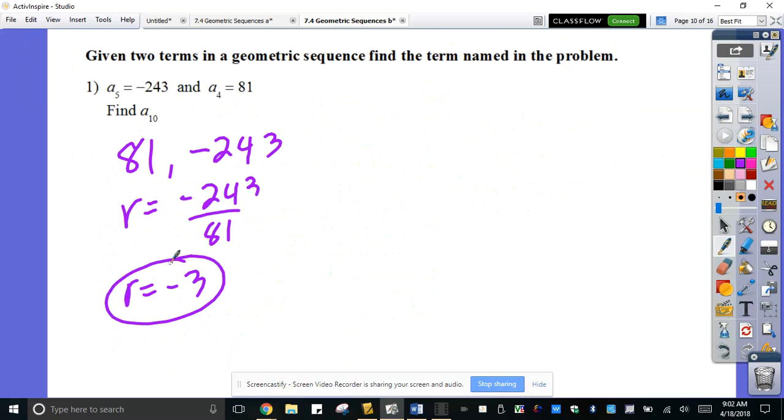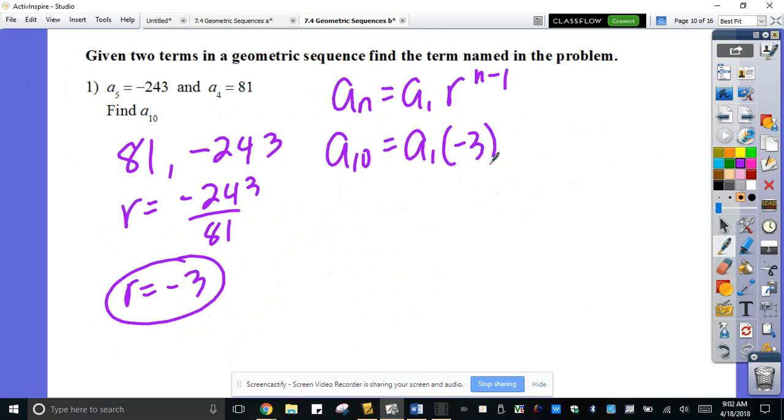Since the formula that we know is a sub 1 r to the n minus 1, we're looking for a sub 10. A1, I don't know what A1 is. You don't know A1 yet, but I know r, which is negative 3. I know n is 10, so this is going to be 9. A sub 10 is the one we're looking for also.